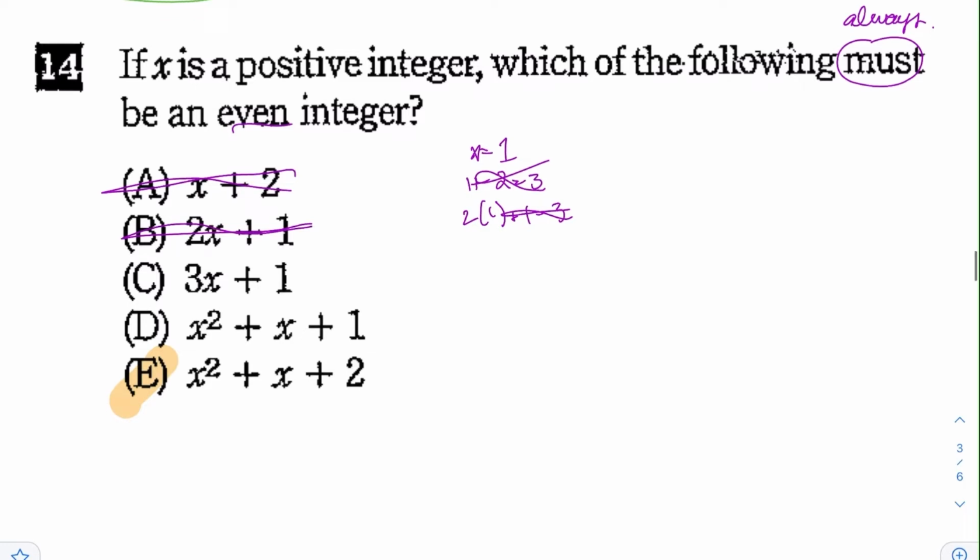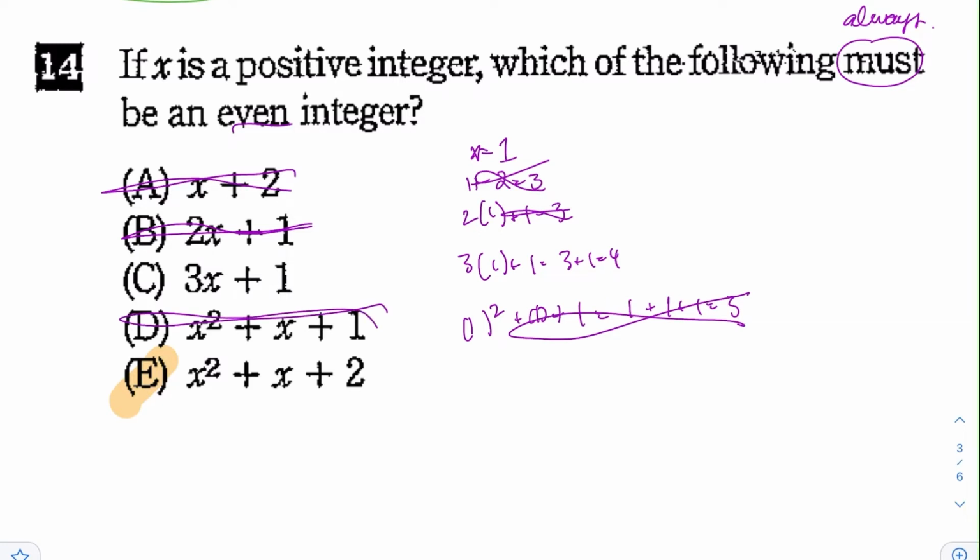For choice C, you have 3 times 1 plus 1. That's 3 plus 1, which is equal to 4, so that could be it. For choice D, you have 1 squared plus 1 plus 1. That's equal to 1 plus 1 plus 1, or 3. Again, you want even, so D is wrong.